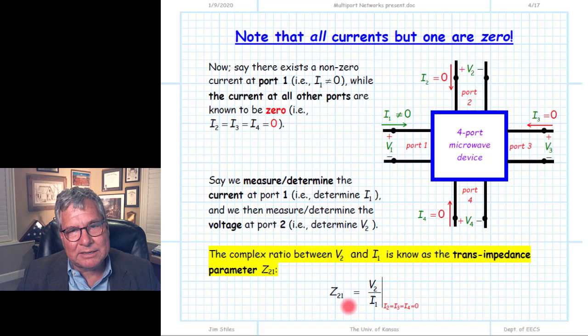It will not be a trans-impedance parameter. It'll just be some complex number. Z21 is the relationship between the voltage at port 2 and the current at port 1 when there's only one current, and that current is at port 1.